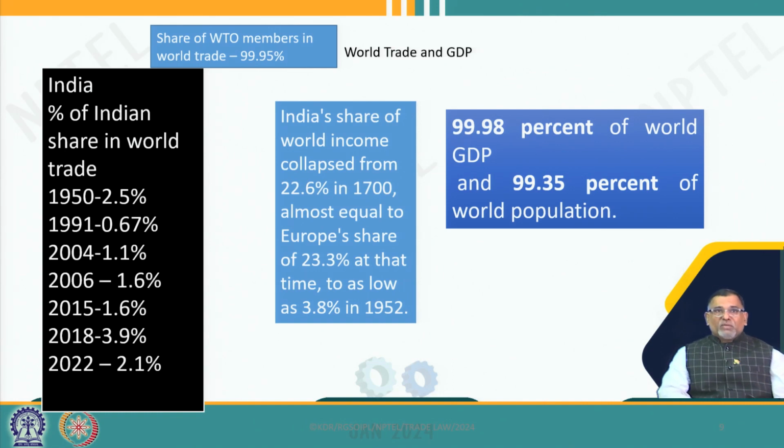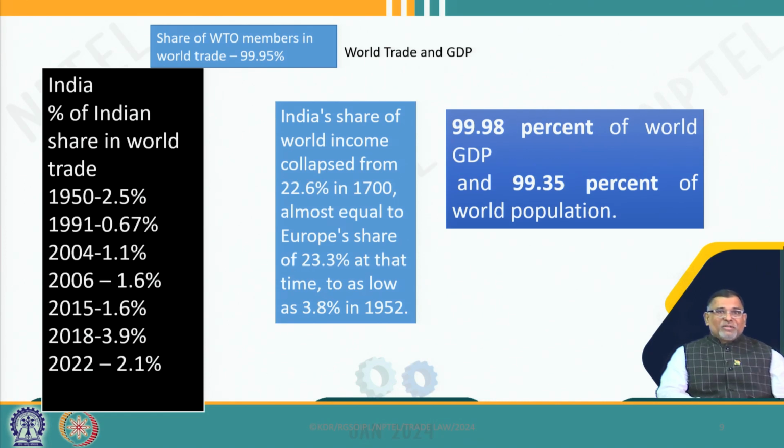Here you can very clearly see the contribution was 25% before 1700, and in 1700 it became 22.6%, and then it went down during the British period to 2.5% in 1950. Unfortunately, from 2.5% it went down substantially again up to 1991.